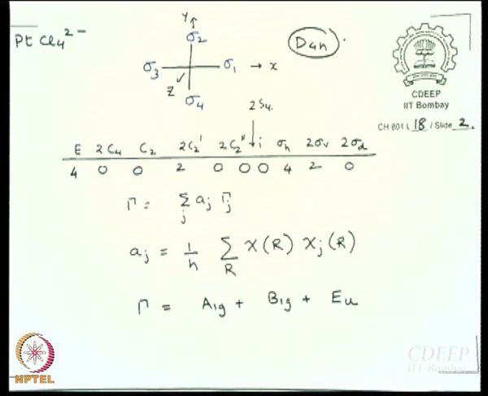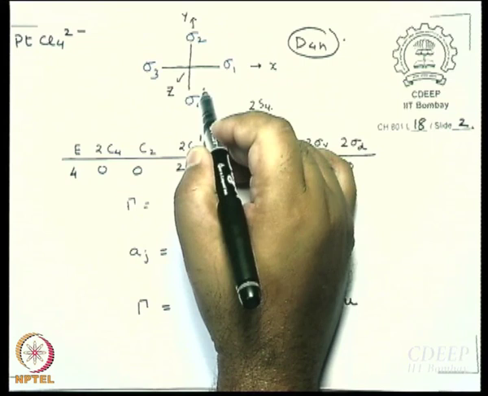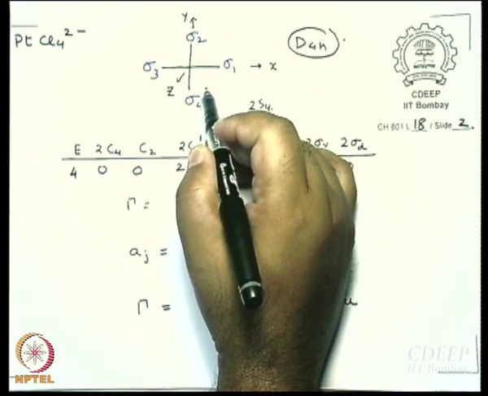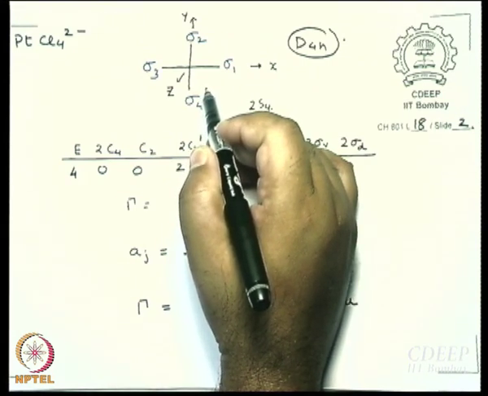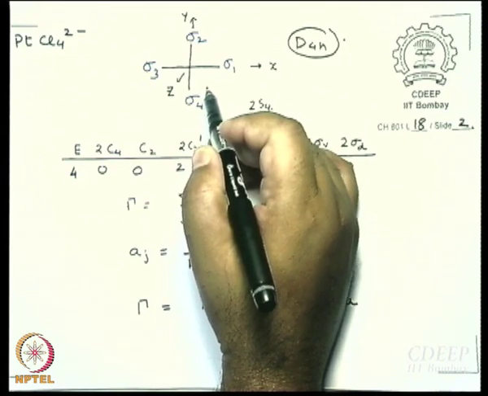What do I do next? I have to use the projection operators corresponding to A1g, B1g and Eu on sigma 1. It does not matter, you can use any one, but conventionally we will start with sigma 1. For that, I need you to draw this diagram, because you need to know what is what, and then once again I will show you the character table and then you can work it out.